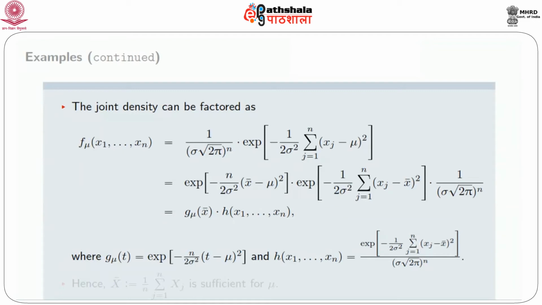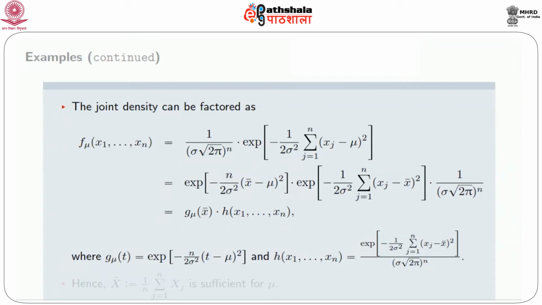Now the first part can be written as a function of x bar. We write it as g_mu(x bar), and the second part, which is independent of mu, we write as h(x_1, ..., x_n). If we write t equals x bar, then we get g_mu(t) equals e to the power minus n by 2 sigma squared into (t - mu) whole squared.